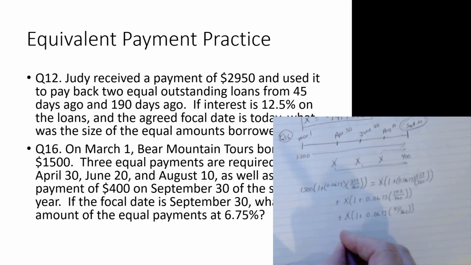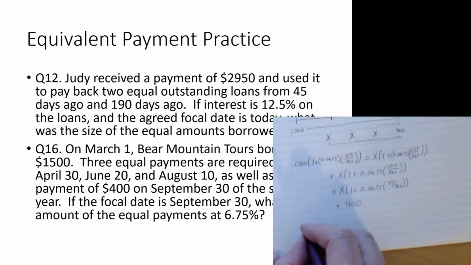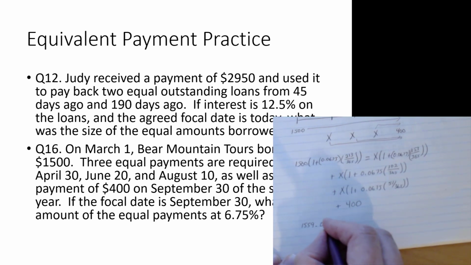Over 365, and then, real easy to forget, is that $400. That is super easy to forget. You've done all the grunt work, you've written out all these big relationships, and the $400 is just sitting there, minding its own business, going, hey, don't forget me, don't forget me. So we get 1.5591 and 0.0856.